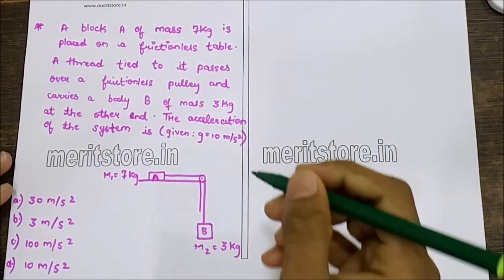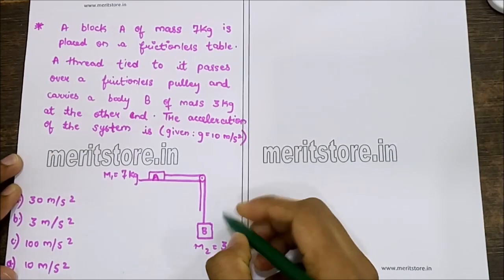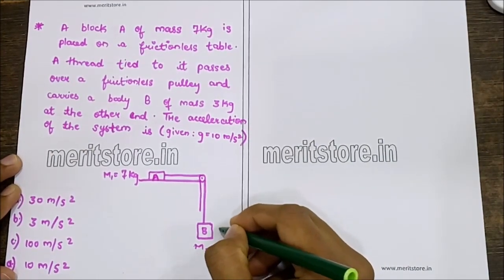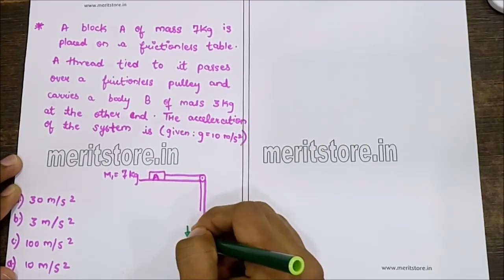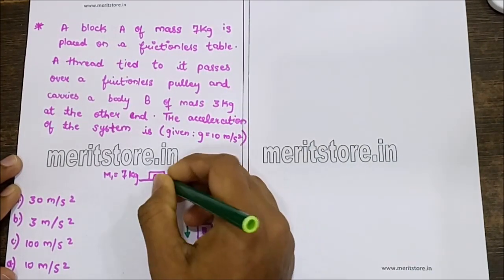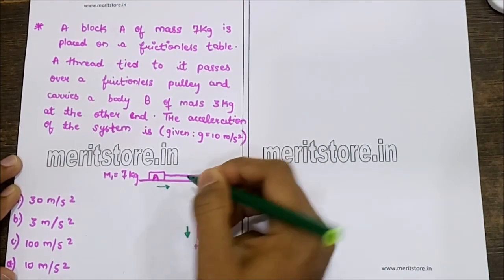In order to solve this sum, let us assume that the system is moving in order to find the acceleration. Let us assume that the body B is moving in the downward direction, and since it is moving downward, the body A should be moving towards the right.